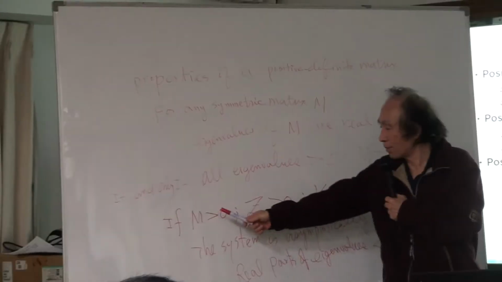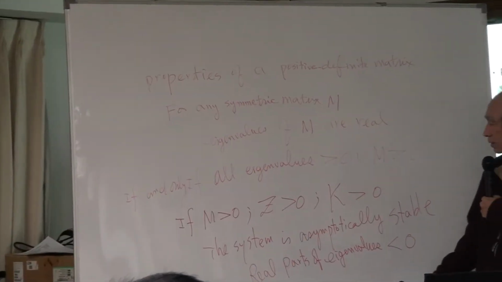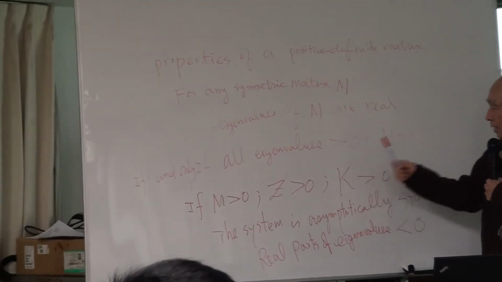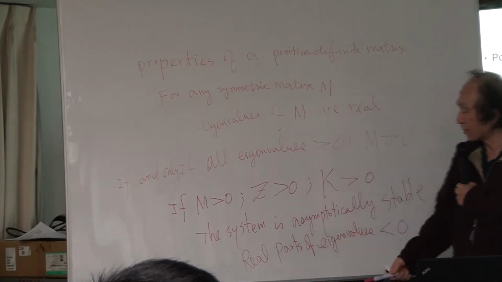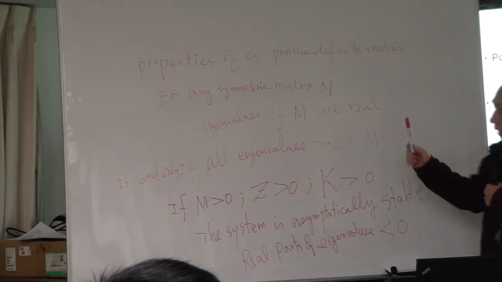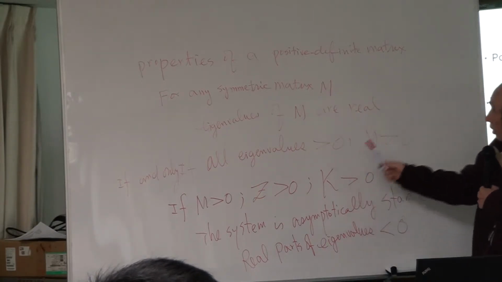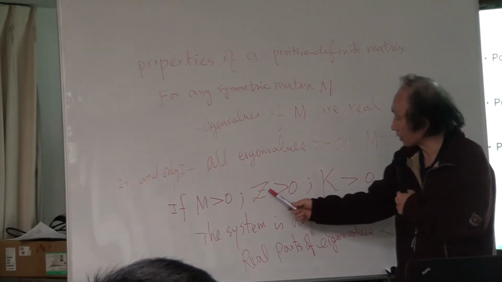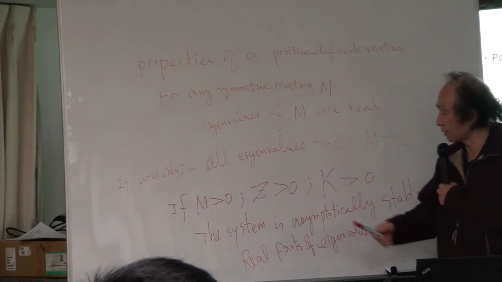So if the mass matrix is positive definite, the damping matrix is positive definite, and the stiffness matrix is positive definite, then the system is asymptotically stable. That means all the real parts of the system eigenvalues are less than 0. I'm not talking about the K eigenvalue, the Z eigenvalue, or the M eigenvalue, I'm talking about system eigenvalues.